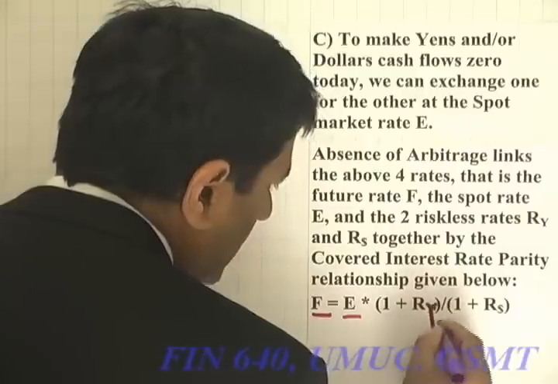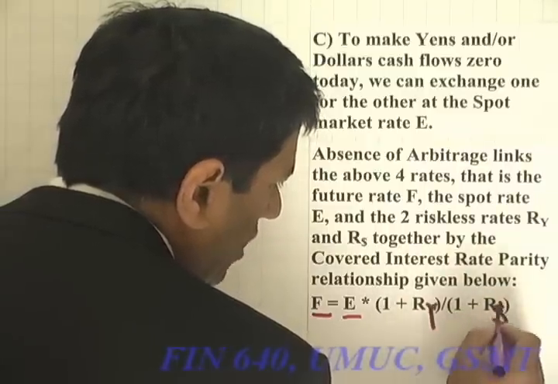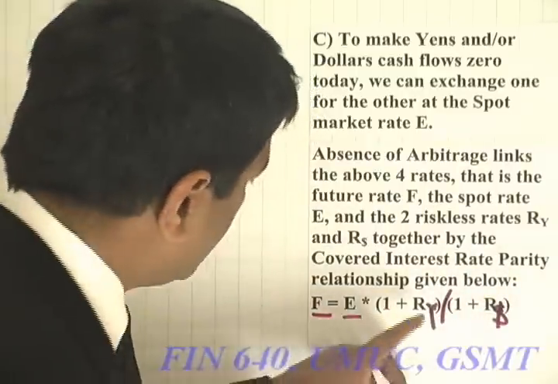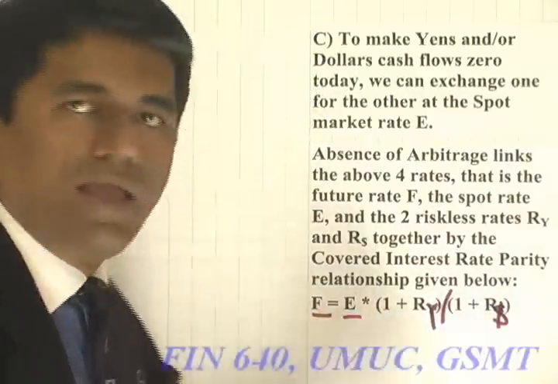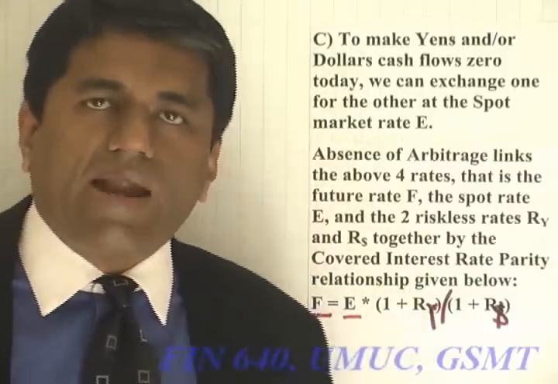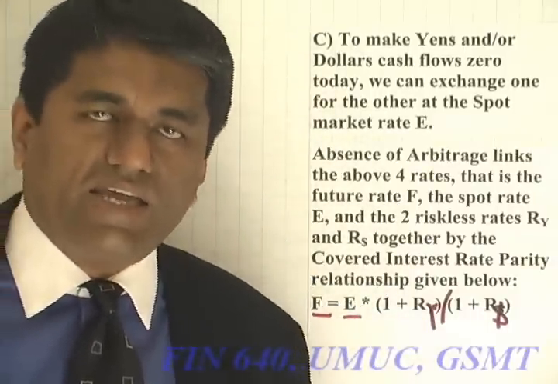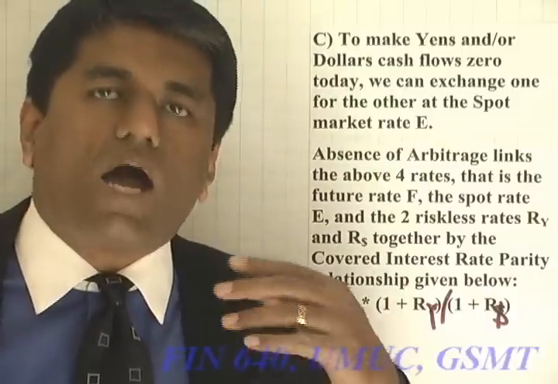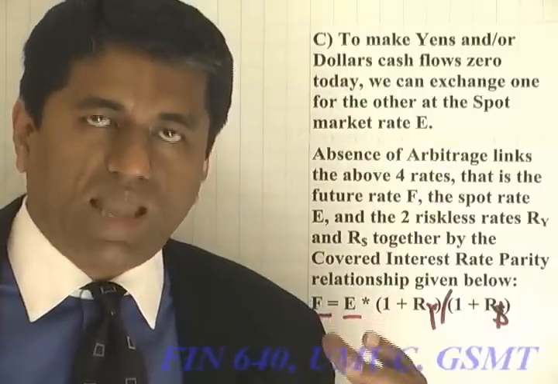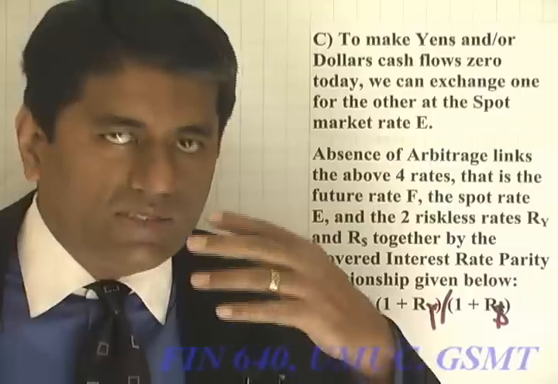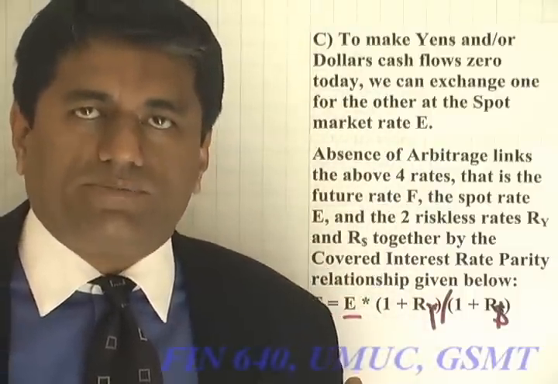So this is the riskless yen rate and this is the riskless dollar rate, and it must be divided. Now if this parity relationship is violated, there will be an arbitrage opportunity, and that is what we are going to see in this example that we do now.